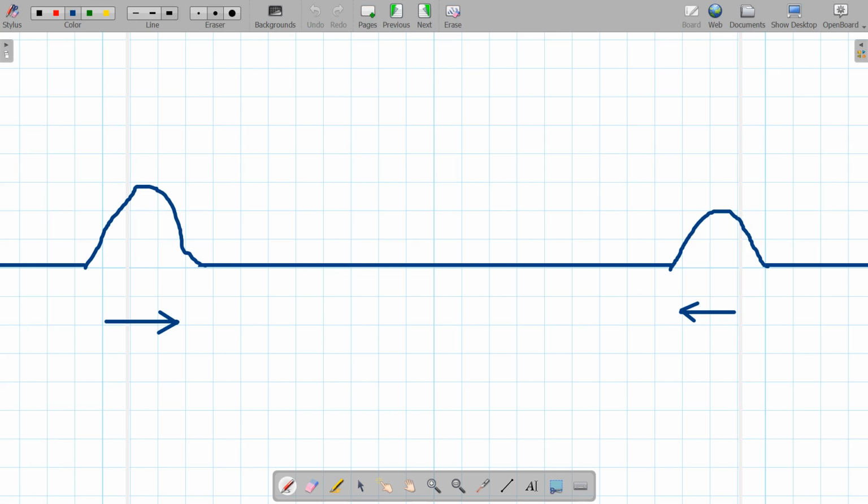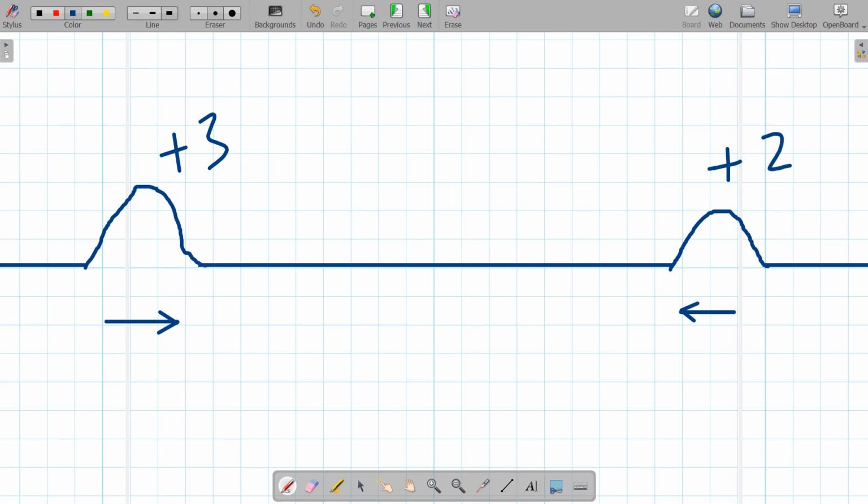The midpoint is here, so the amplitude is 1, 2, 3. This amplitude is positive 3. And for this wave, this is the midpoint, so 1, 2. This amplitude is positive 2.